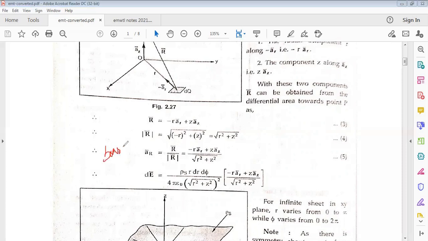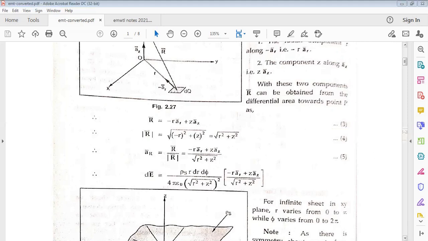So the field dE bar is equal to, already we have, rho s R dr d phi over 4 pi epsilon naught R square. R square is the magnitude, under root of R square plus Z square whole square, and the unit vector is minus R AR bar plus Z into AZ bar over under root of R square plus Z square.